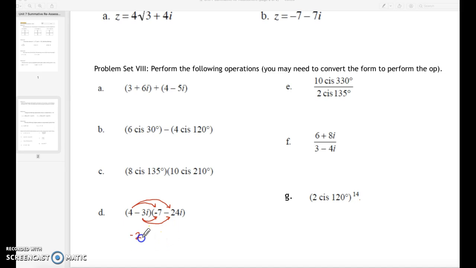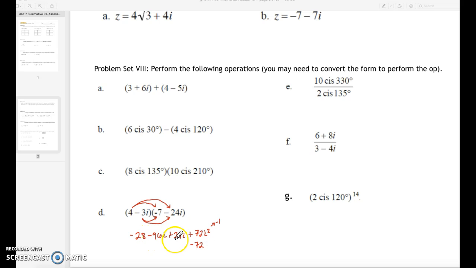So you get negative 28 minus 96i plus 21i, and then that's going to be plus 72i squared. Well, we know i squared is negative 1, right? So that ends up being a negative 72.